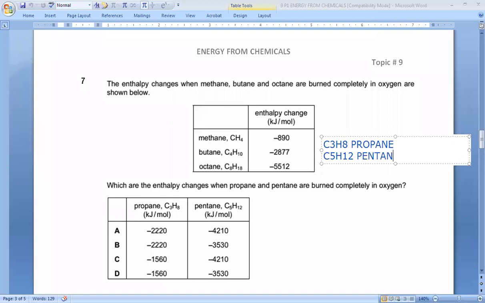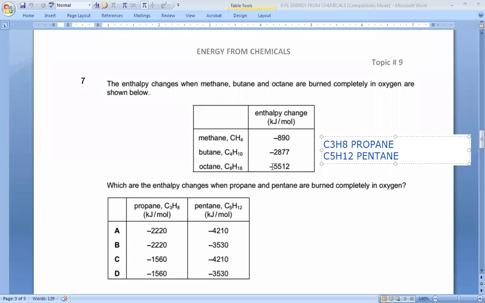Pent means 5, prop means 3, meth means 1, eth means 2, but means 4, pent 5, hex 6, hept 7, and oct 8. So propane value in kilojoules per mole, and pentane value in kilojoules per mole. Keep this in your mind.